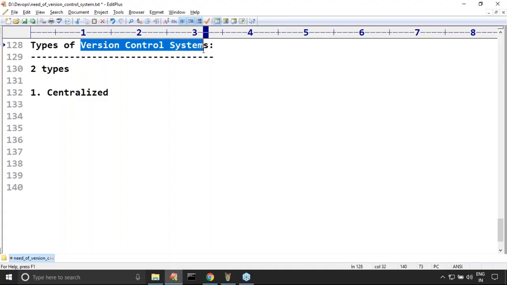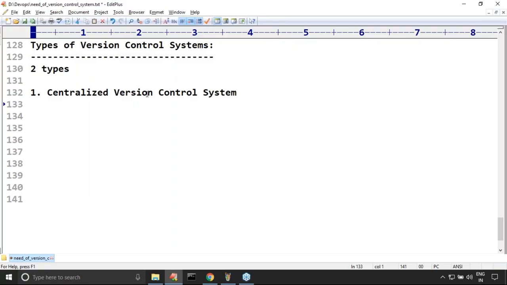If the first one is centralized, you can guess automatically what the second one is. Obviously, what is the second one, sir? Can you please confirm? Centralized means decentralized.